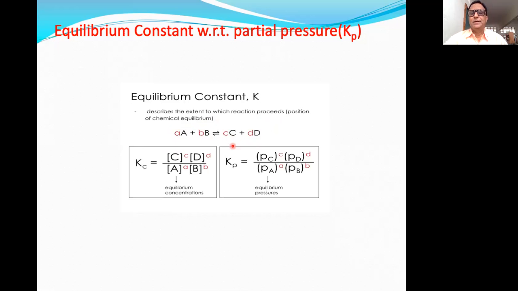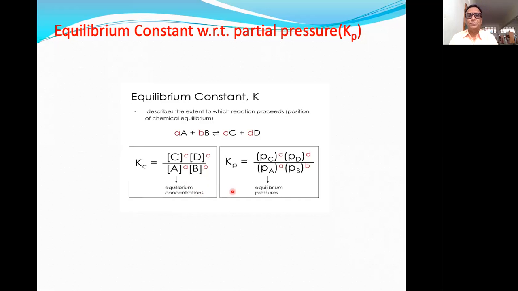Now for this reaction, you can write the expression for Kc as: Kc is equal to concentration of C raised to c into concentration of D raised to d, divided by concentration of A raised to a into concentration of B raised to b.